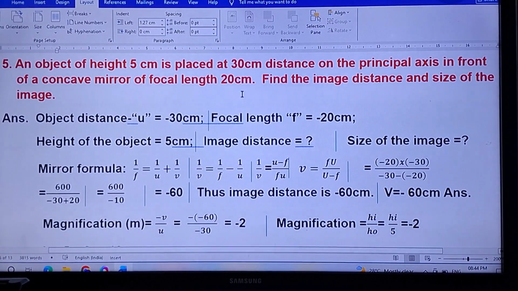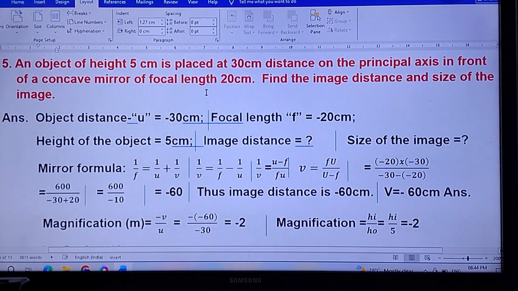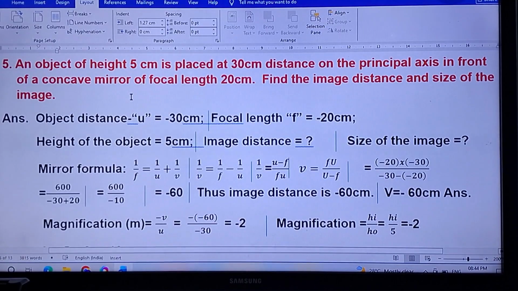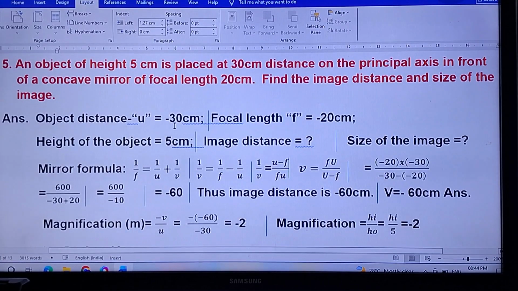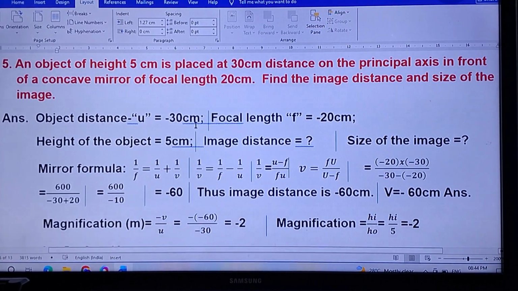From the object the rays go to the mirror in this way, and we measure the object distance in this way, but the image distance from the mirror we measure in this way. So these two are in opposite directions, so according to sign convention we have to take its value as negative. So u is minus 30, that is, object distance is minus 30.